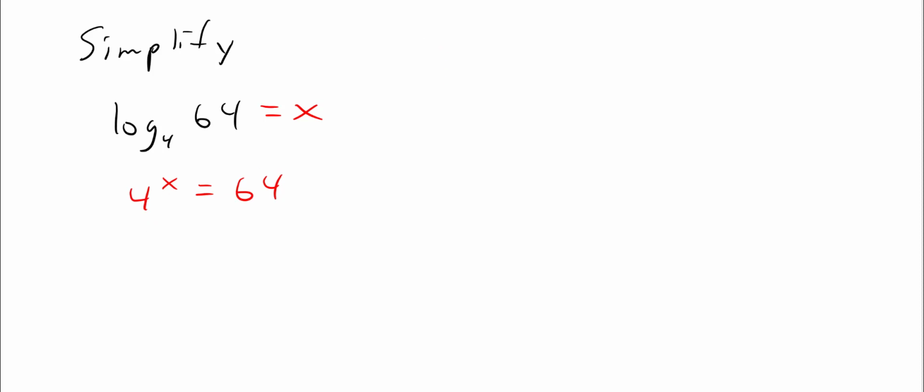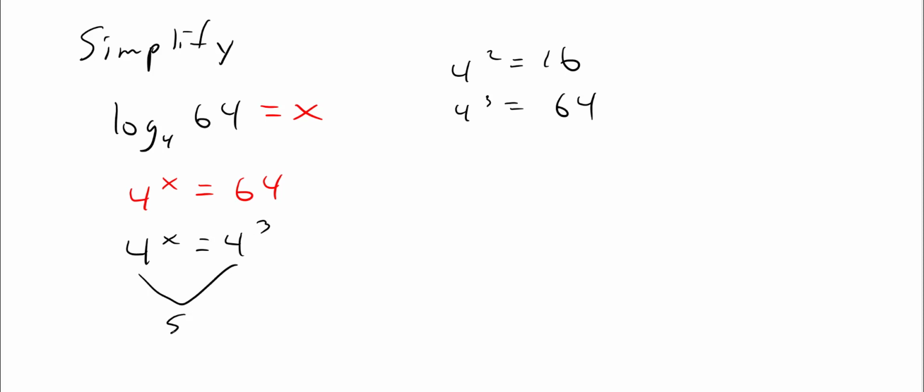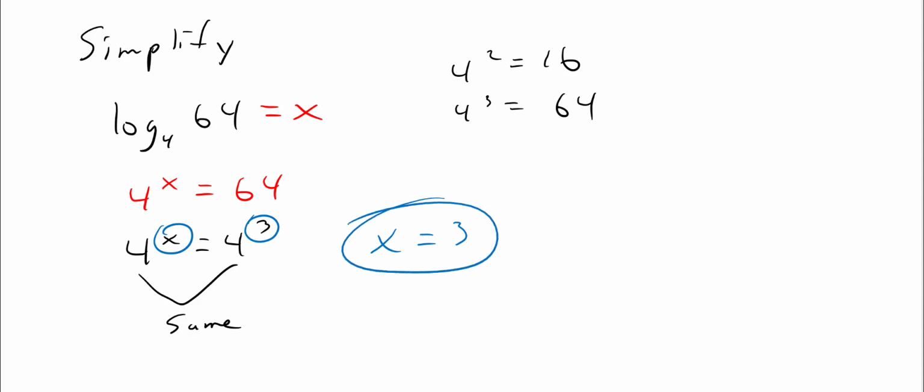Let's see, 4 squared is 16. What about 4 cubed? That's 64. So you write 4 to the x equals 4 to the third power. These are the same, so you literally just deal with the exponents. x equals 3, and you're done with the problem.